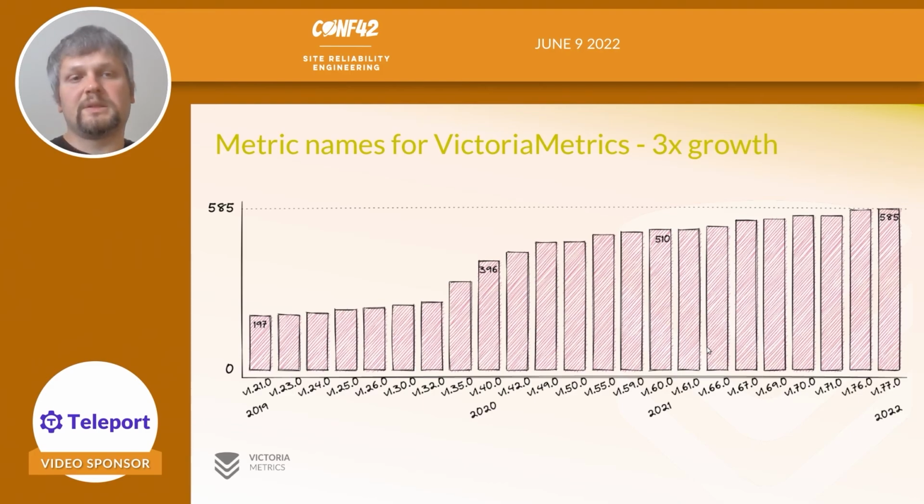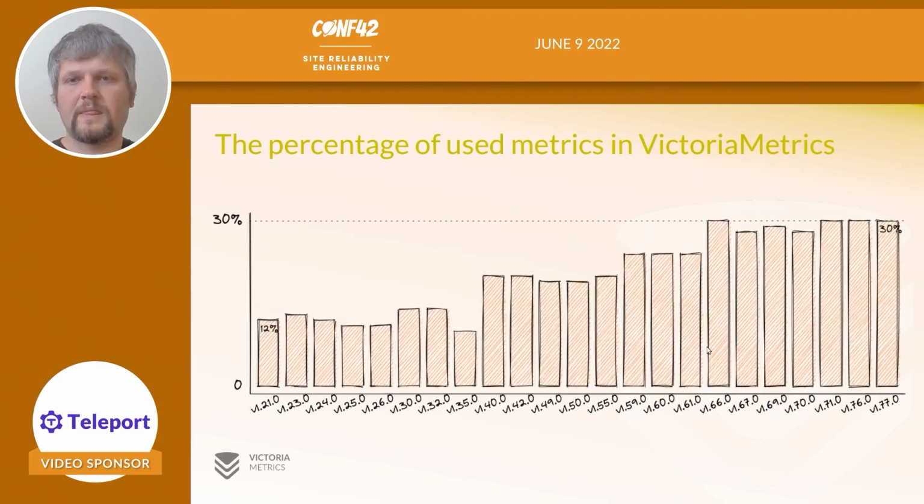And we at VictoriaMetrics also don't know how to reduce the number of time series, and new versions of VictoriaMetrics increase the number of exported time series over time. You can see that the number of new metric names exposed by VictoriaMetrics grew around 3 times during the last 4 years. And only 30% of these metrics are actually used by VictoriaMetrics dashboards, alerts and recording rules.